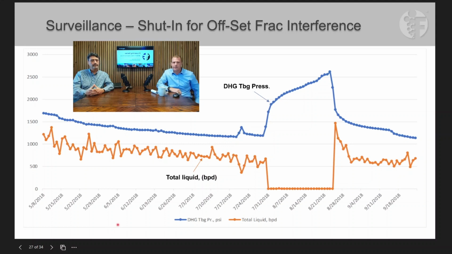And here's another one outside of artificial lift. This is more on the pressure monitoring side, using the gauge for buildups or offset frac interference. In this case, we had a relatively long shut-in, about 30 days, and we get to see that pressure change and the pressure build from a flowing condition to a static condition over time.